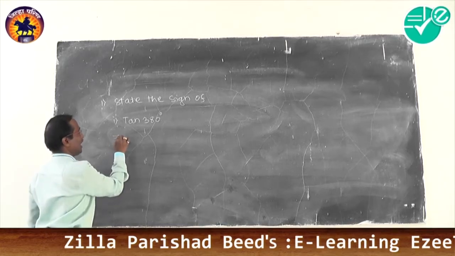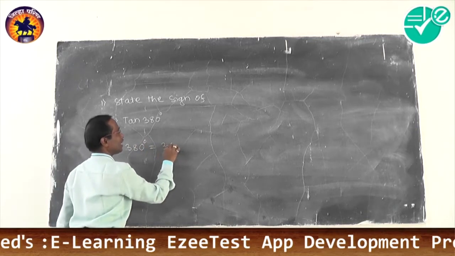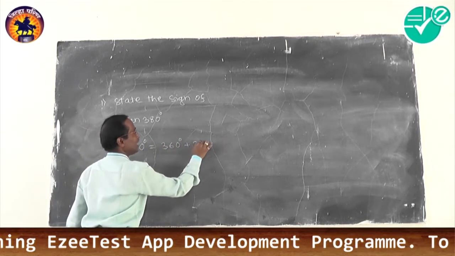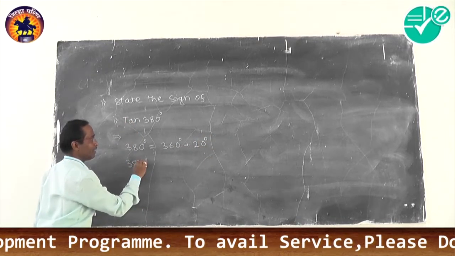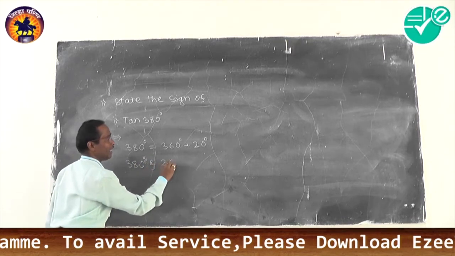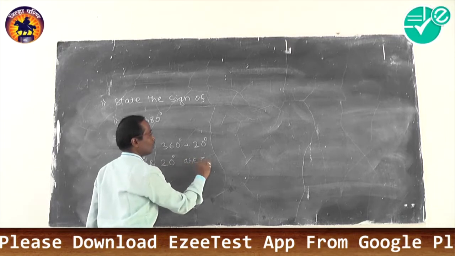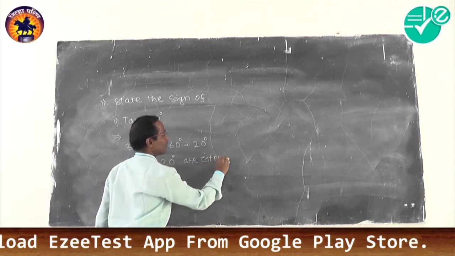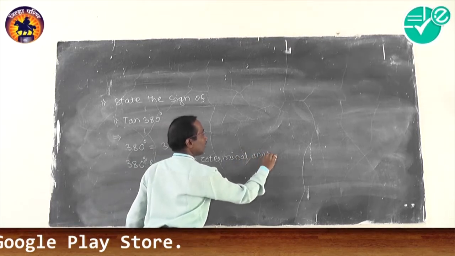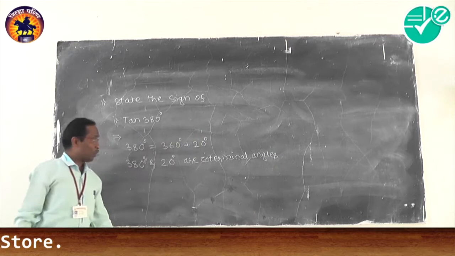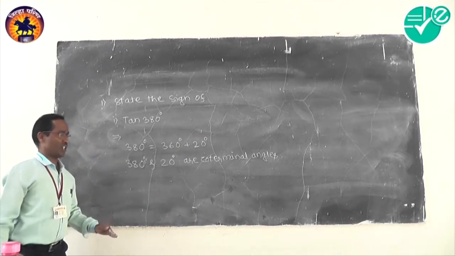Now 380 degree can be written as 360 degree plus 20 degree. Means 380 degree and 20 degree are coterminal angles. And we know that coterminal angles have the same trigonometric function values.